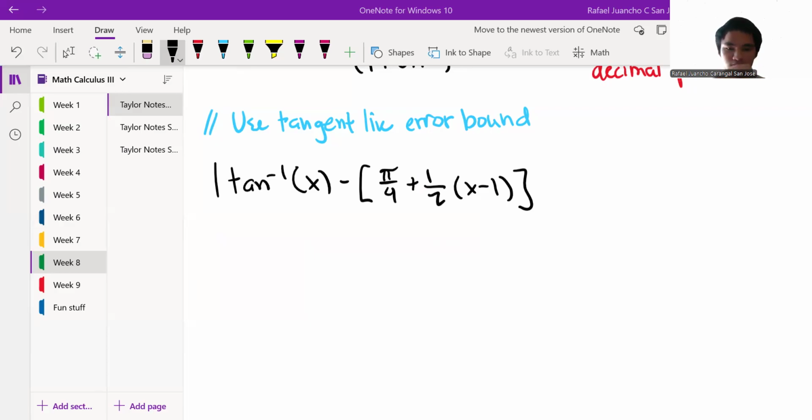Okay, that's really weird. Apparently that's pi fourths. I'm going to check up on that later.